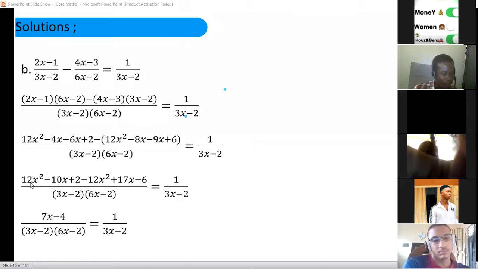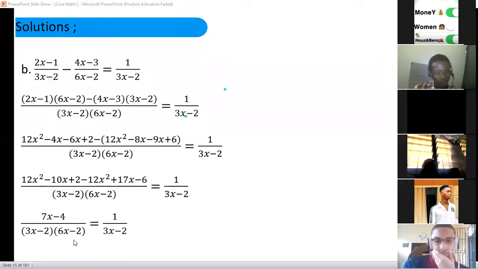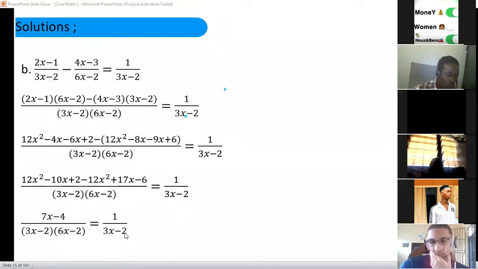So when we simplify the numerator of this part of the equation at the left-hand side, we'll get 7x minus 4 over the denominator, which is (3x - 2) into bracket (6x - 2), equal to 1 over 3x minus 2.